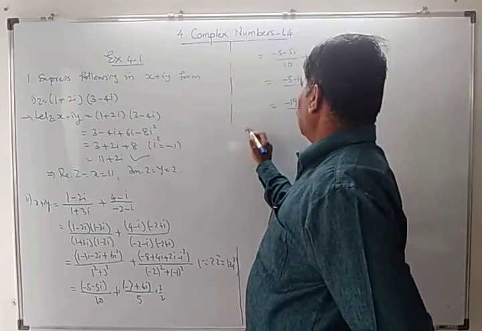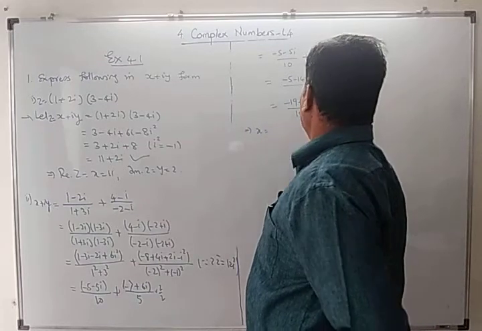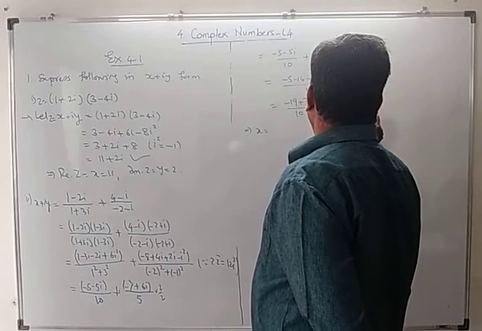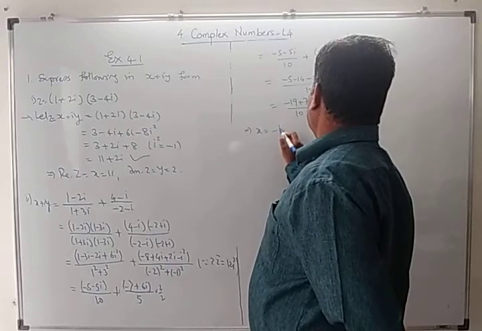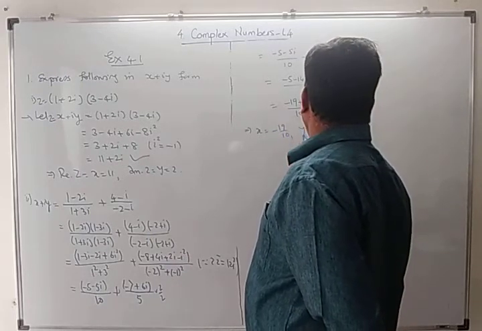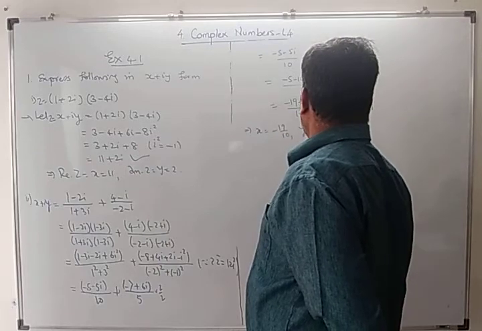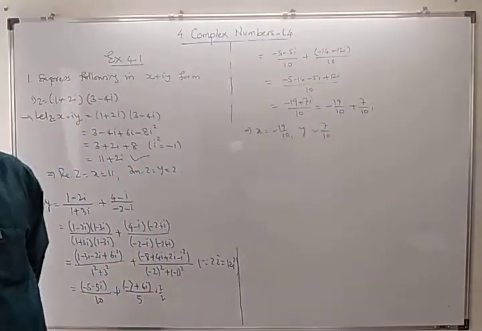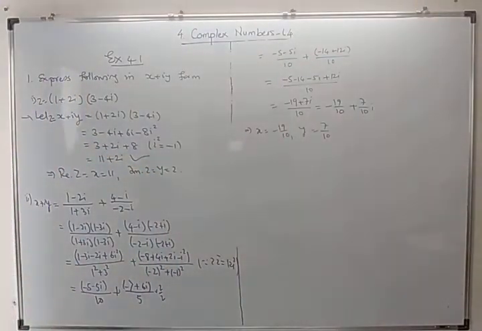Implies x = -19/10, y = 7/10. If there is some mistake in calculation, you can verify it and you can find your correct answer.